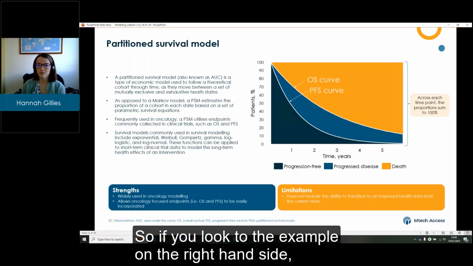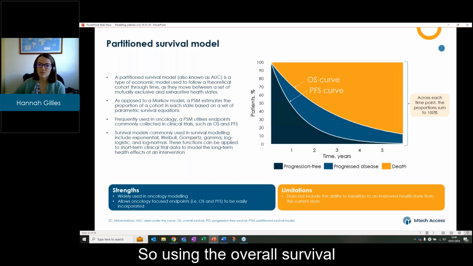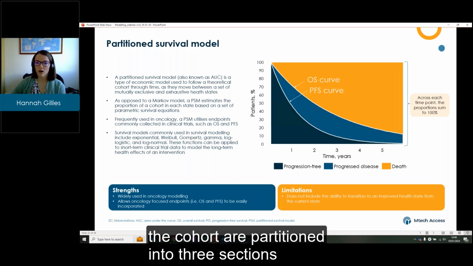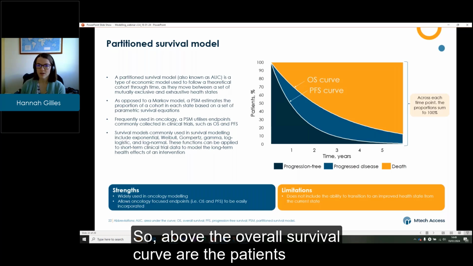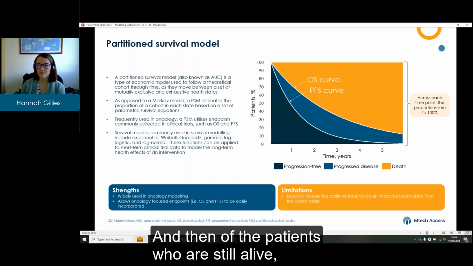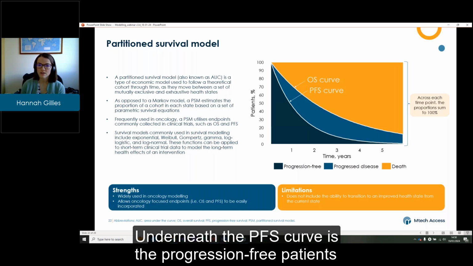If you look to the example on the right-hand side, this is exactly what we've shown here. Using the overall survival and progression-free survival curves, the cohort are partitioned into 3 sections, as you can see from the color coding. Above the overall survival curve are the patients who have died, and underneath are those who are still alive. Of the patients who are still alive, this is further proportioned into 2 separate sections.